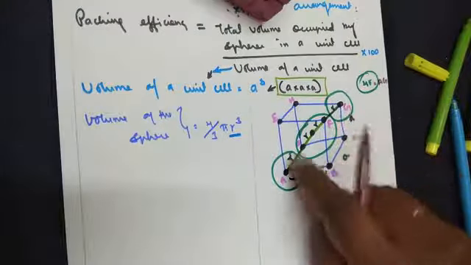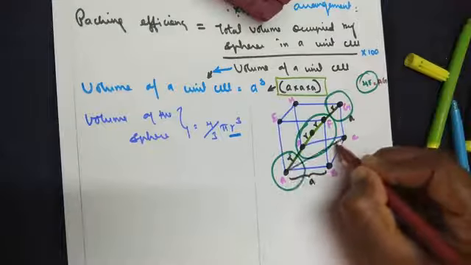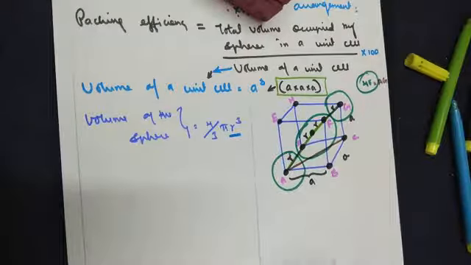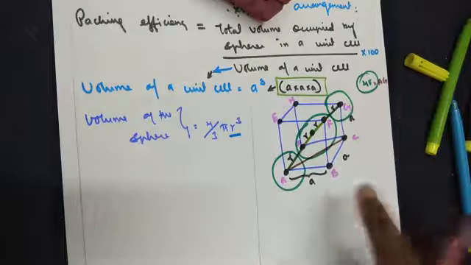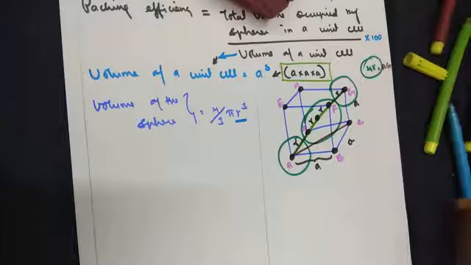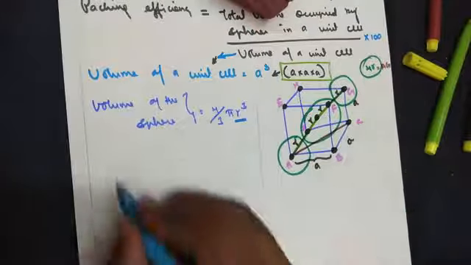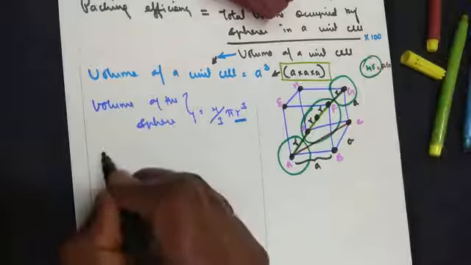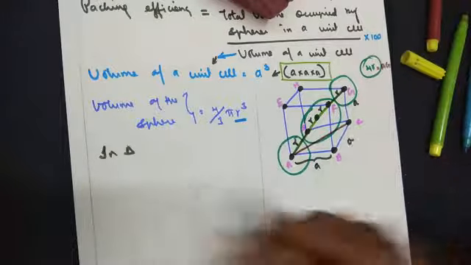Next, to calculate the exact value of R, I am going to draw the triangle here. If you look at it, does it look like a right-angled triangle? Now, right-angled triangle, Pythagoras theorem. The name of the triangle is ABC.